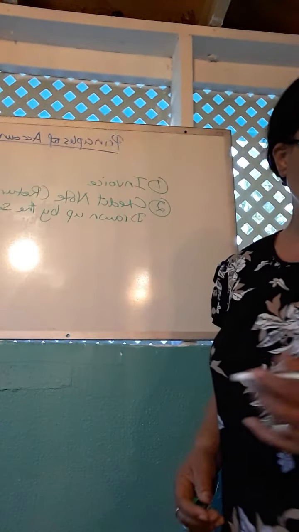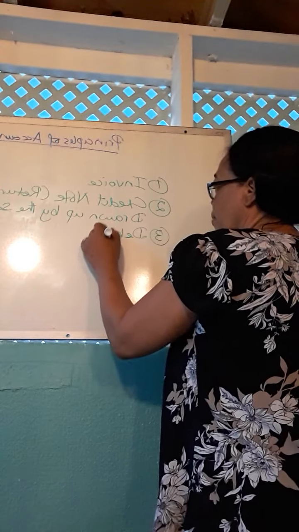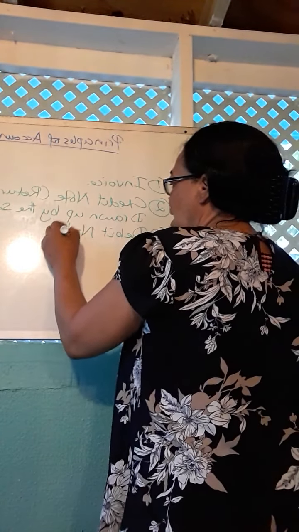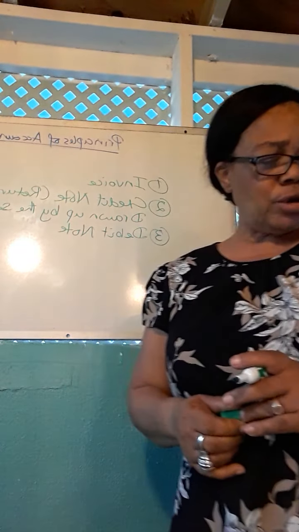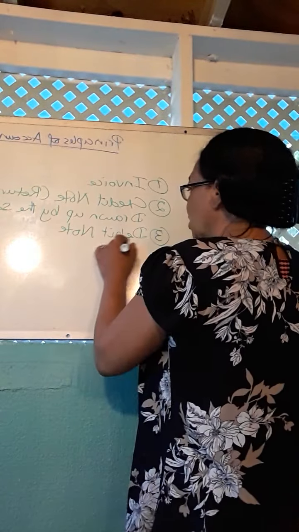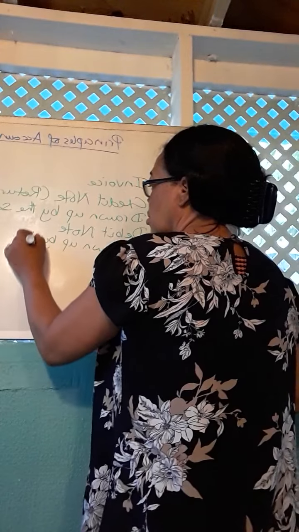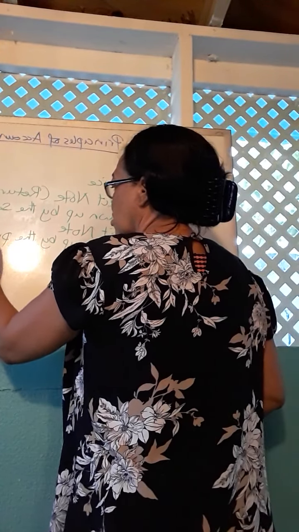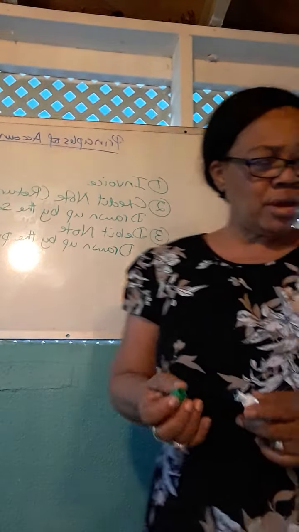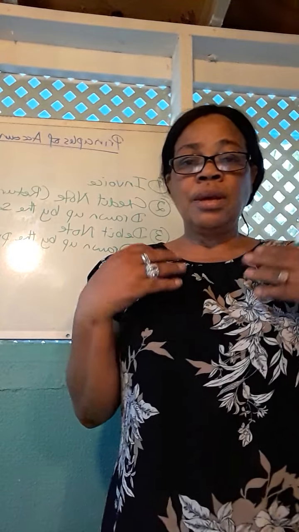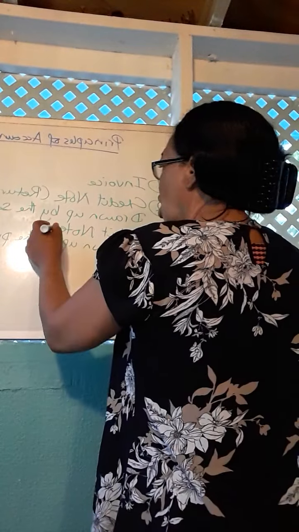The next document is called a debit note. The debit note is the opposite of my credit note. The debit note is drawn up by the purchaser, whenever goods are returned by the purchaser, and this is called return outward.